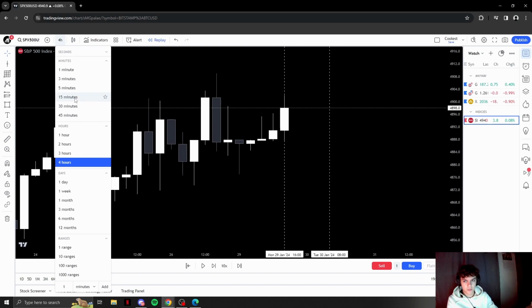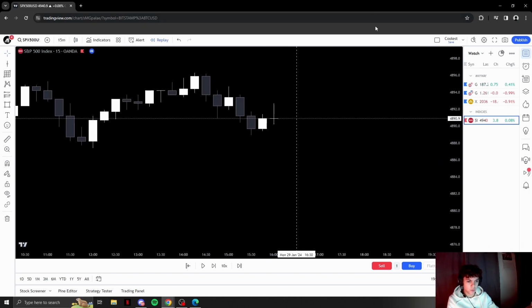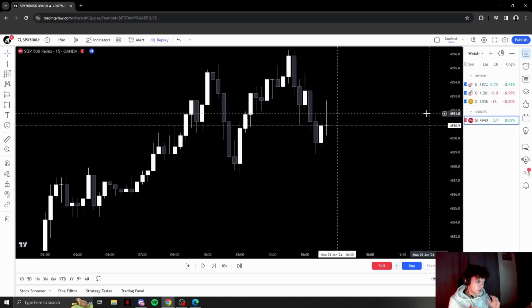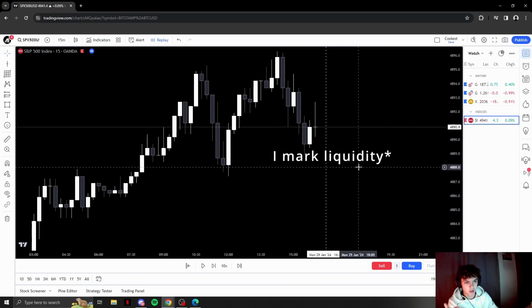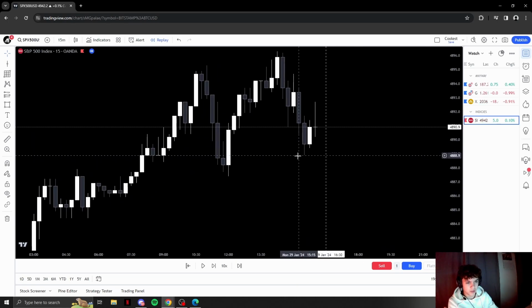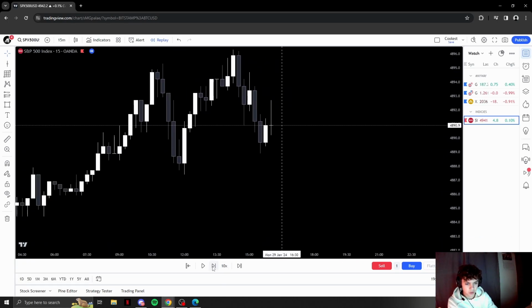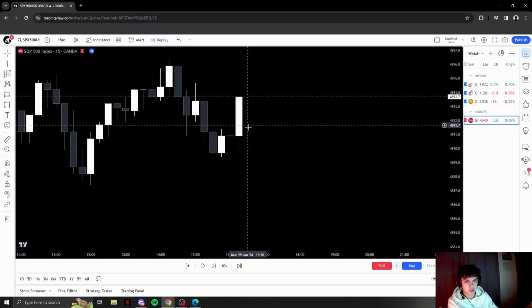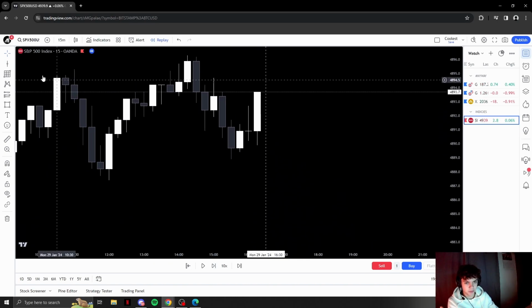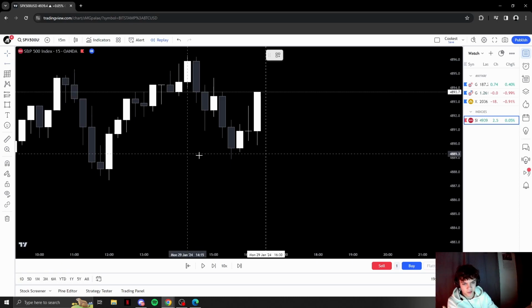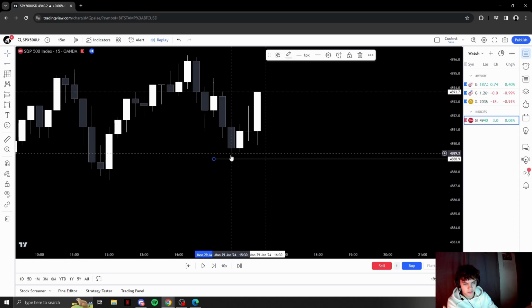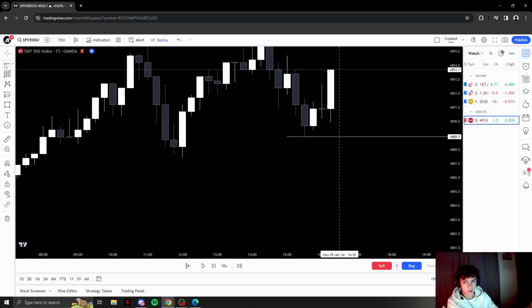So what I do before the market opens, I mark every liquidity and low that I see. Okay, so this is where the market opens, right here. So before that, I'm gonna mark out liquidity. This low, a low also counts as liquidity. I count it as liquidity because it sweeps something.